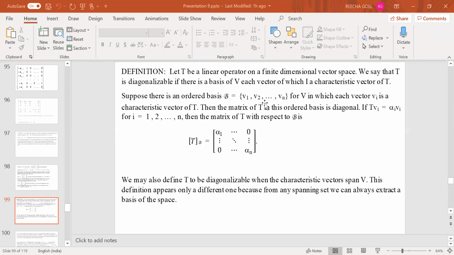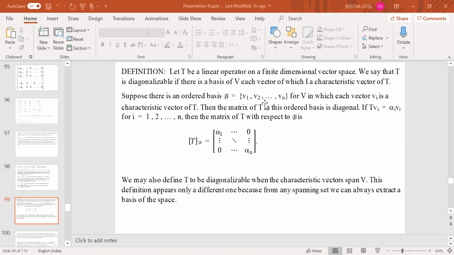Now, if V is n-dimensional, a basis is going to contain n vectors. In the previous example, we have seen that in the first case, there didn't exist any diagonalization, and in the second case, there were only two independent vectors.